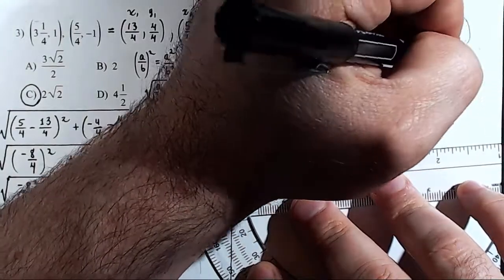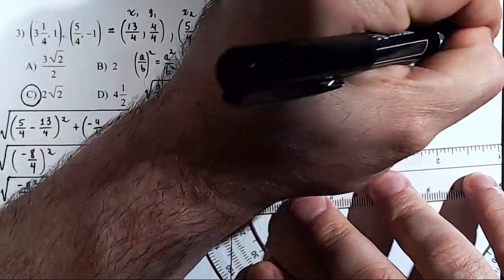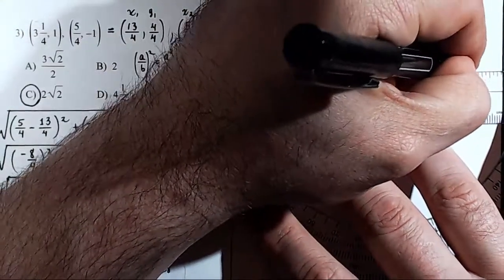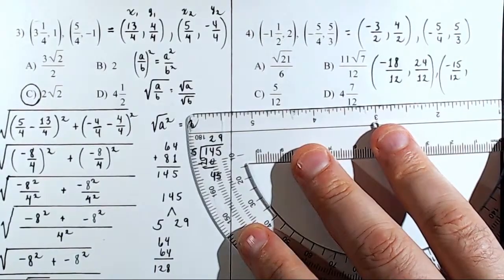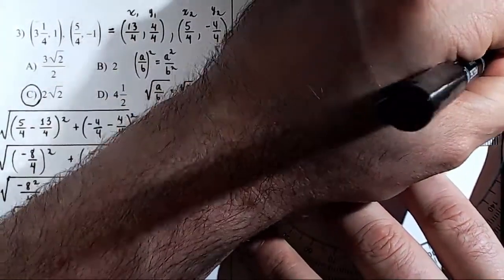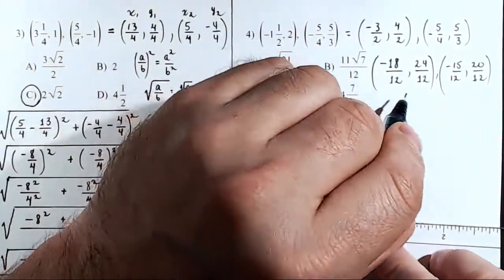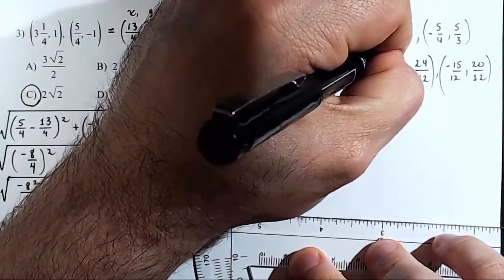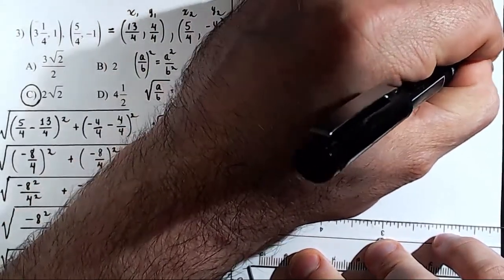And that's going to be -5 times 3 is -15. So -15 over 12, comma, and then I've got 5/3 times 4/4. That's 20/12. Okay, so now we'll label this x1, y1, x2, y2.